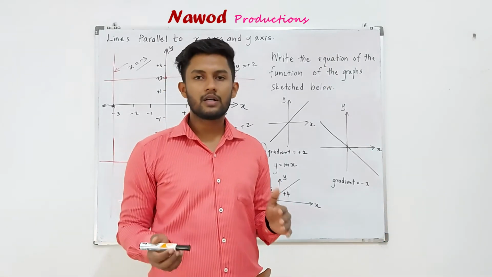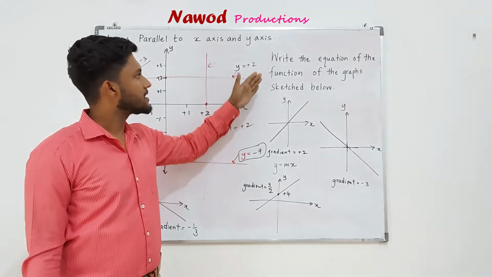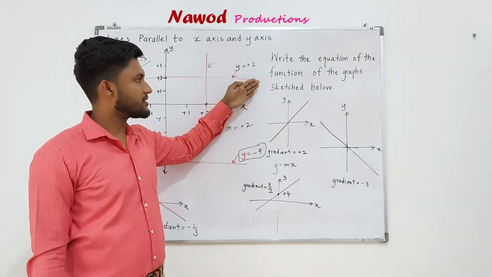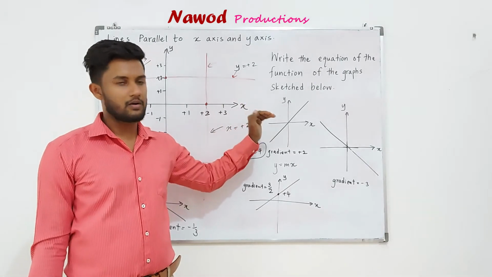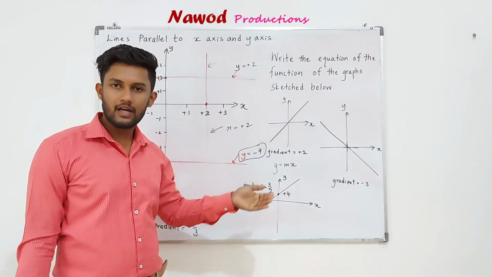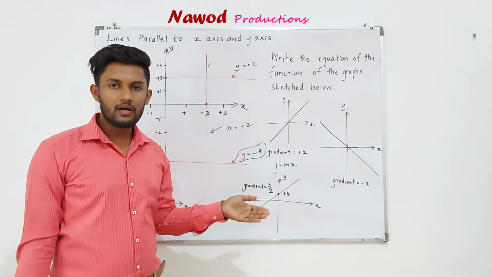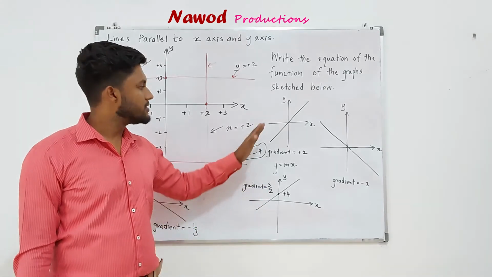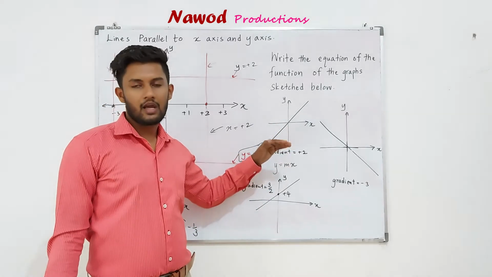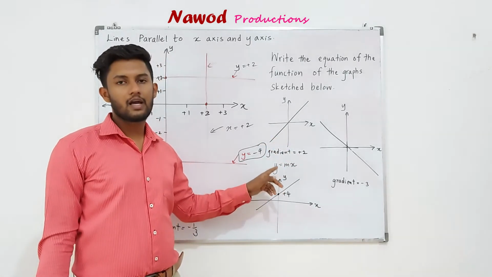We are going to do some examples, or else the exercise. Write the equation of the function of the graphs sketched below. Yes, by looking at the equation, or else by looking at the coordinates, or else the graph, you can clearly say that it passes the origin, so it is y equal mx line.